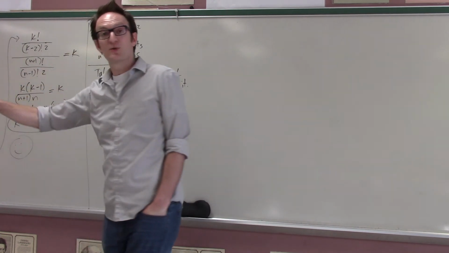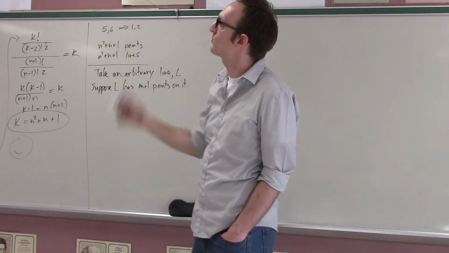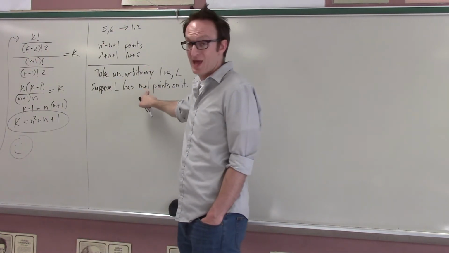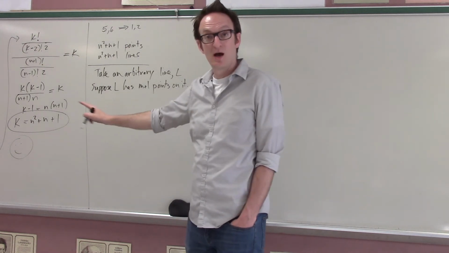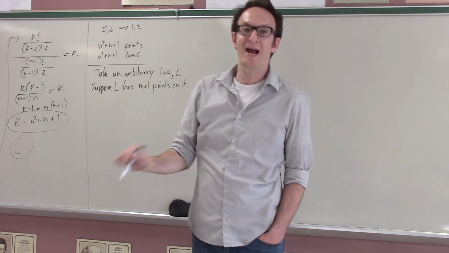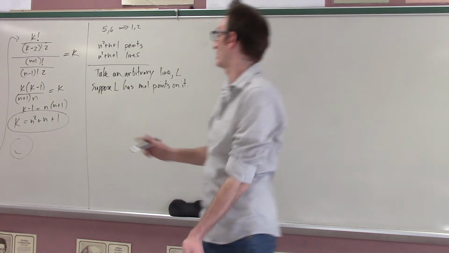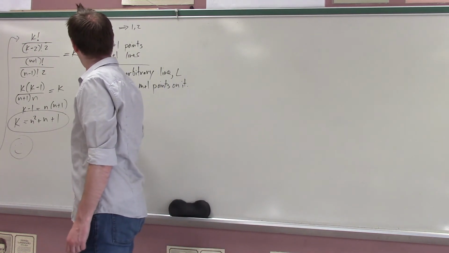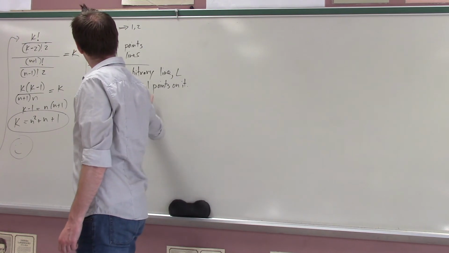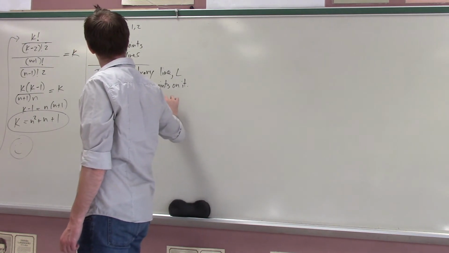But we already showed that 1 implies 2 and that 2 implies 1. So if there is a line with m plus 1 points, then by running the entire argument back again, I can show that every line must have m plus 1 points. So every line has m plus 1 points on it.